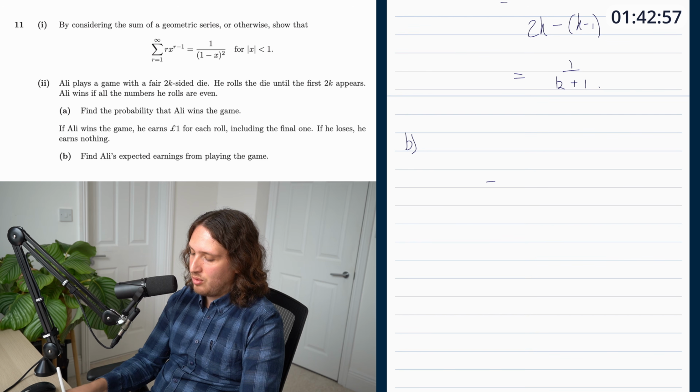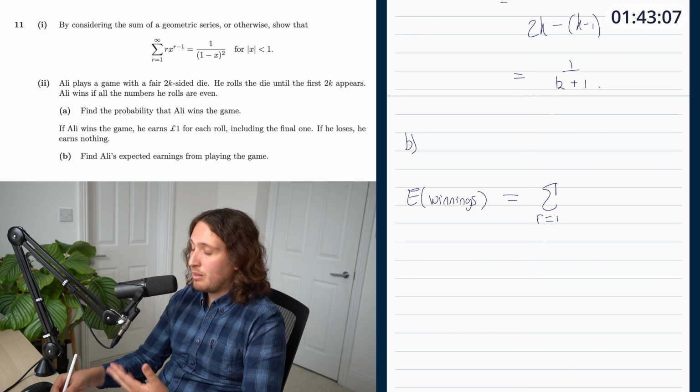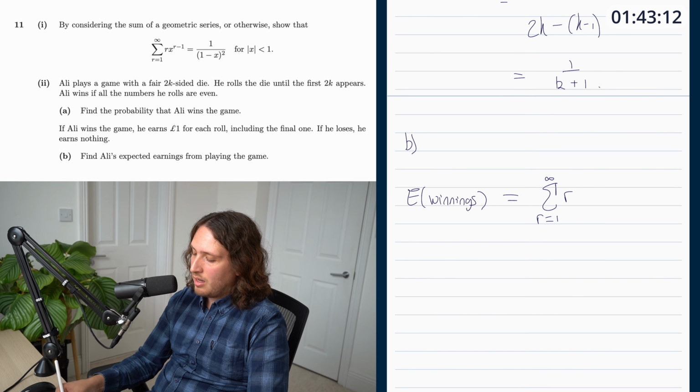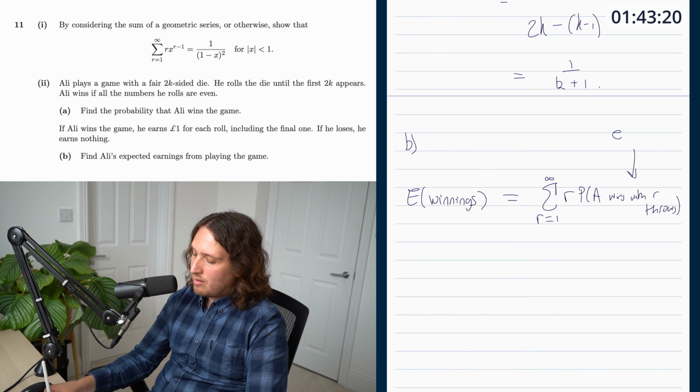So let's write that more efficiently. The expected winnings is going to be sigma R equals, he could win £1 if he wins straight away, or he could win any number of pounds if he keeps going. R, probability A wins with R throws, and happily, we worked that out earlier.